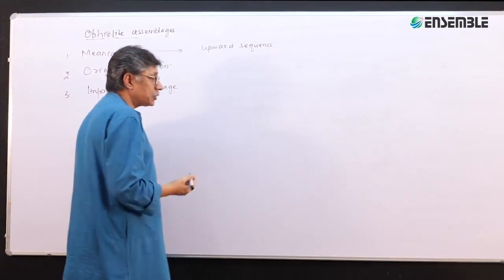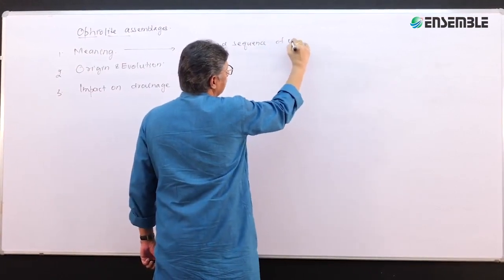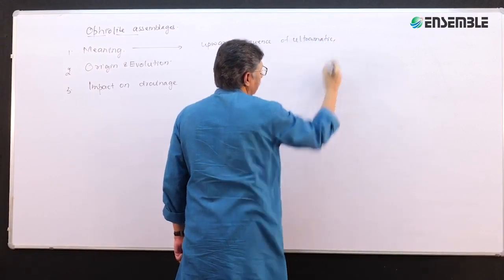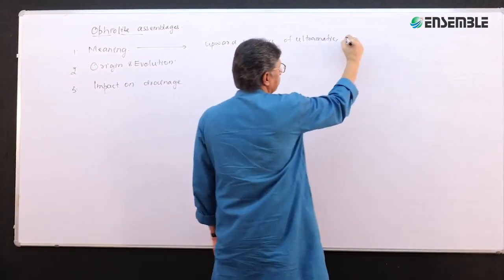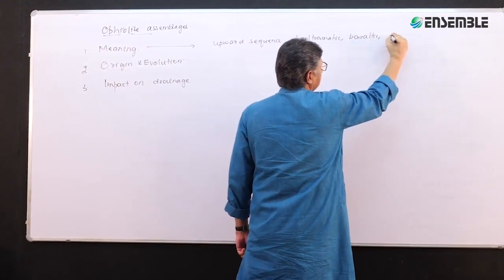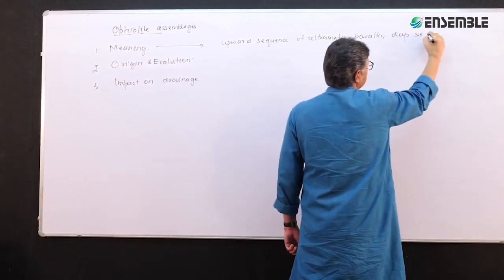Upward sequence of what? Ultramafic rocks, basaltic rocks, and deep sea sediments.